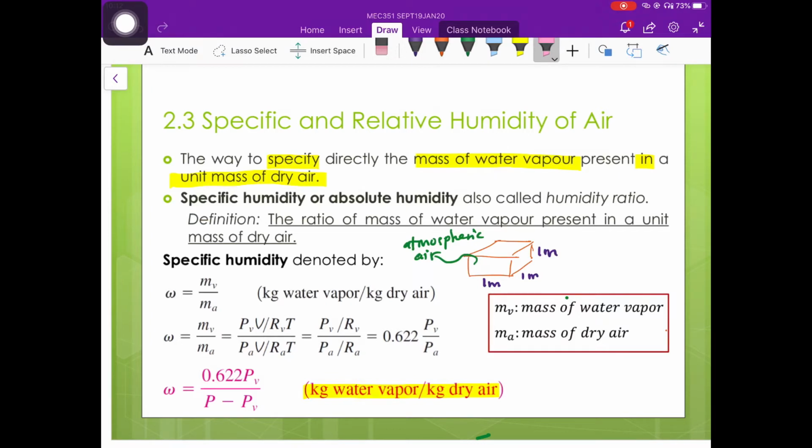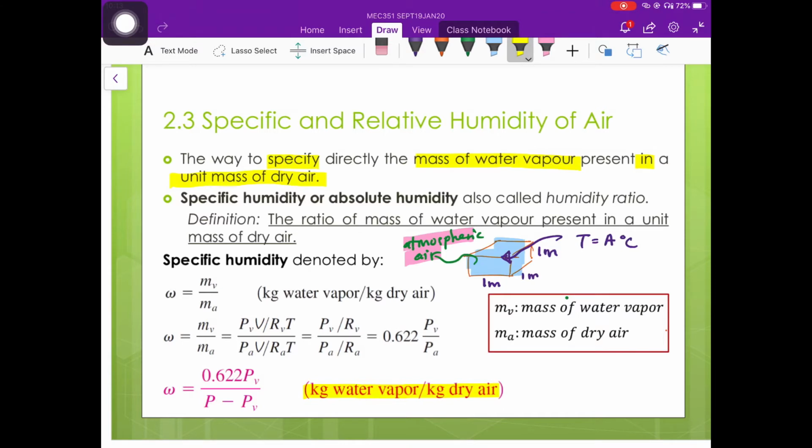Let's say we take atmospheric air, which we know contains water vapor and dry air, in the volume of 1 meter times 1 meter times 1 meter. And let's say this atmospheric air has a temperature equal to A degrees Celsius.